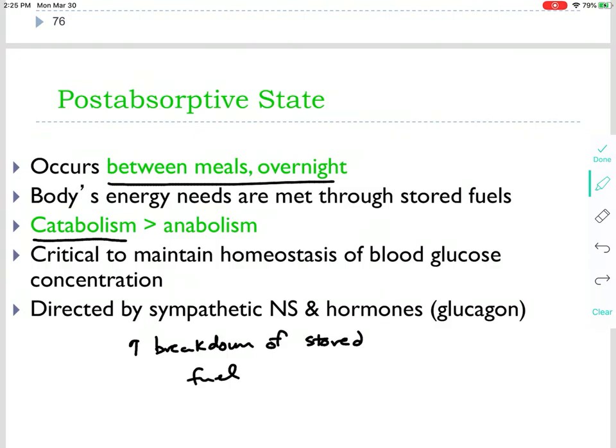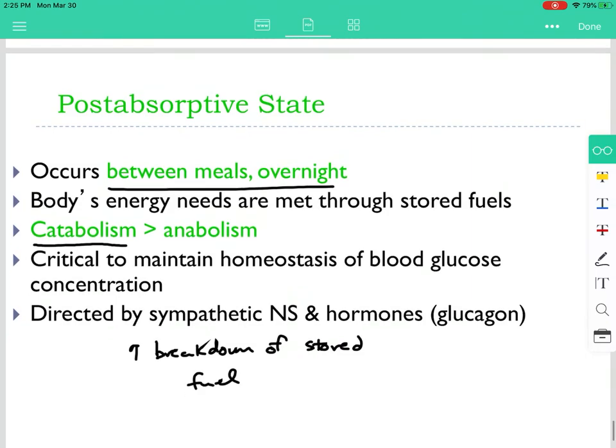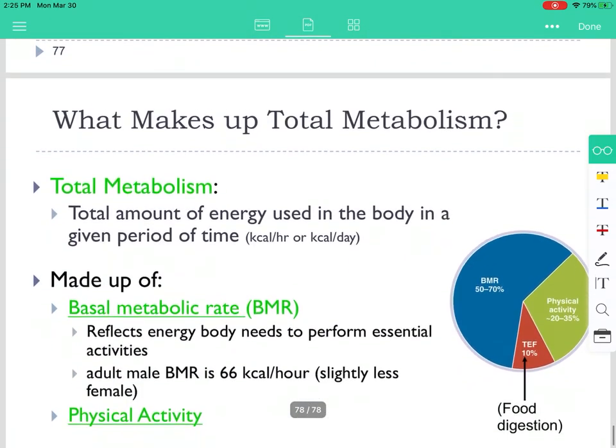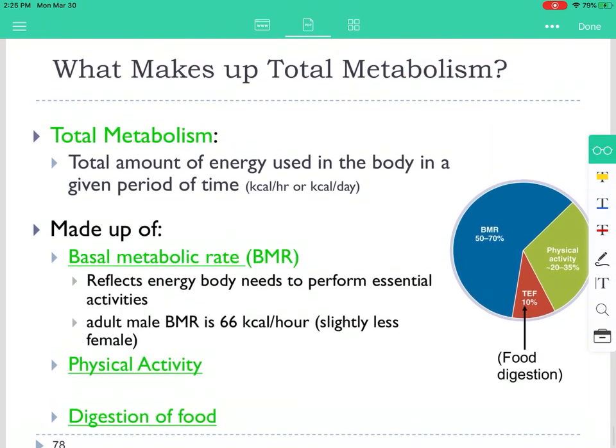If I haven't eaten for a while, my body's going to be spending a lot of energy breaking down glycogen into glucose, breaking down adipose stores into fatty acids. So in a post-absorptive state, even though I'm doing some building, my rates of breakdown are greater because I'm spending a lot of energy breaking down stored nutrients for fuel.